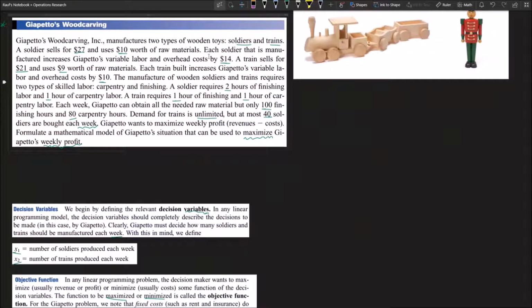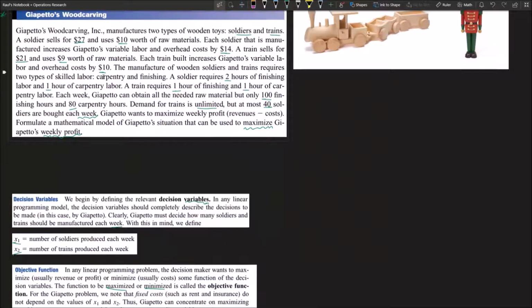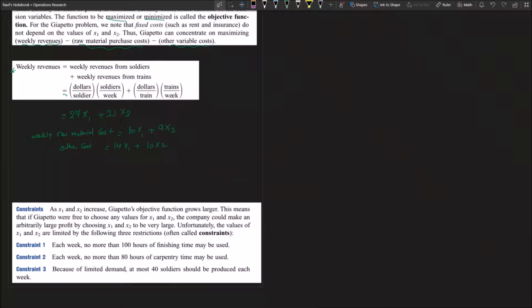So we can see here the overhead costs related to this soldier, $14, and the overhead cost that's considered others related to the train is $10. So 14x1 plus 10x2. Those are steps toward generating our final model representation for the problem.